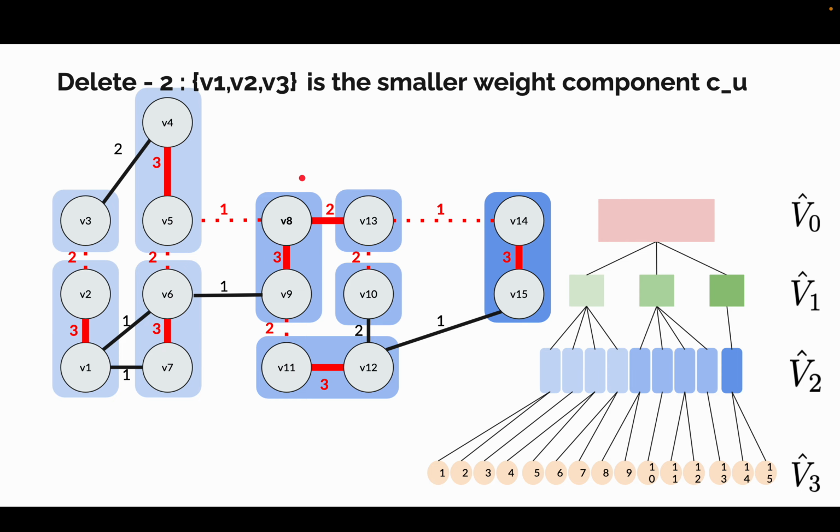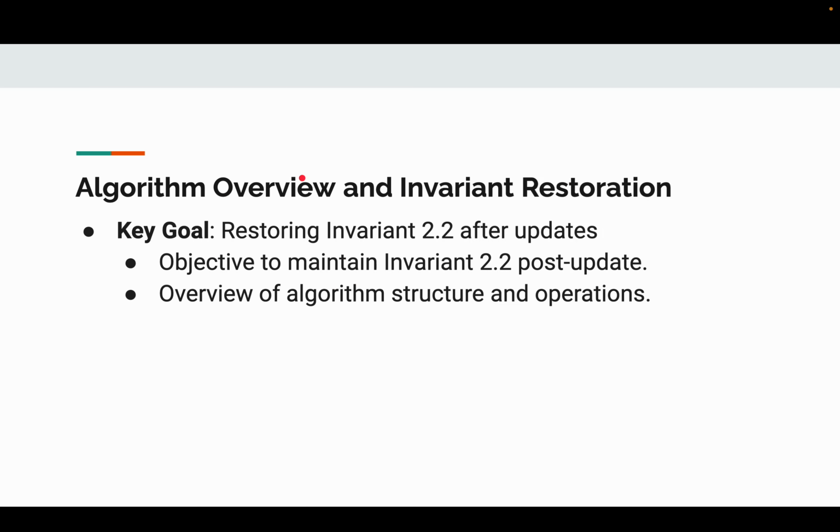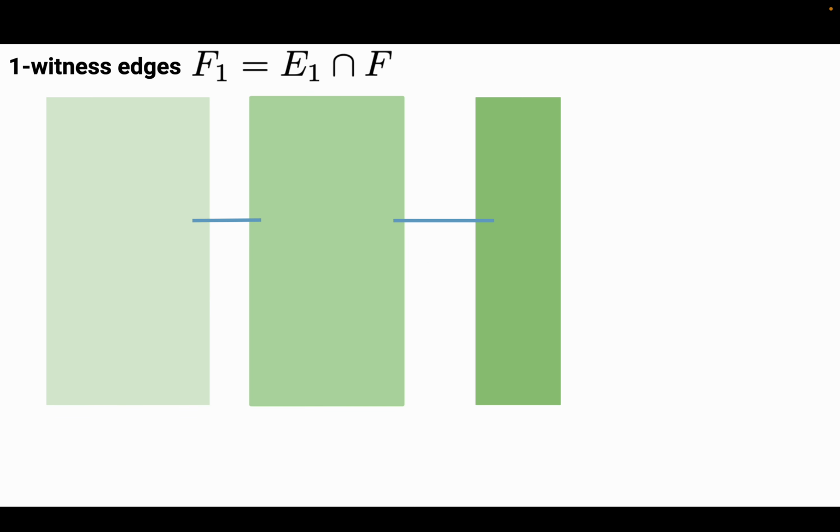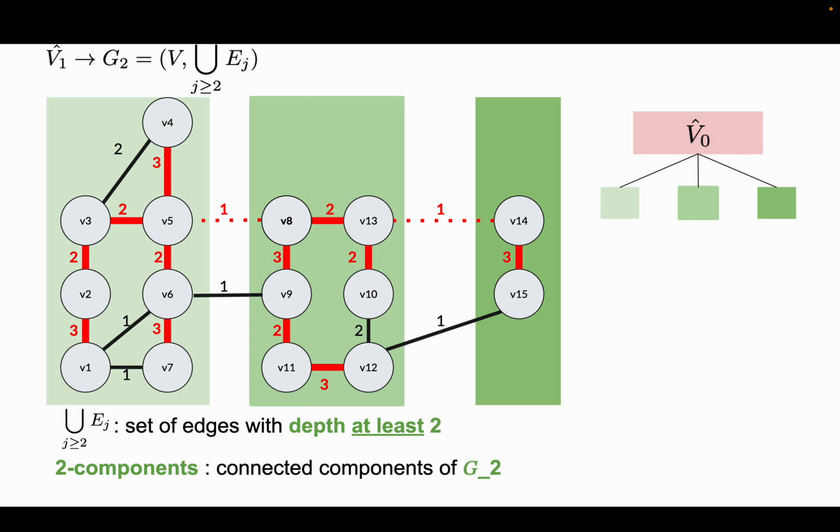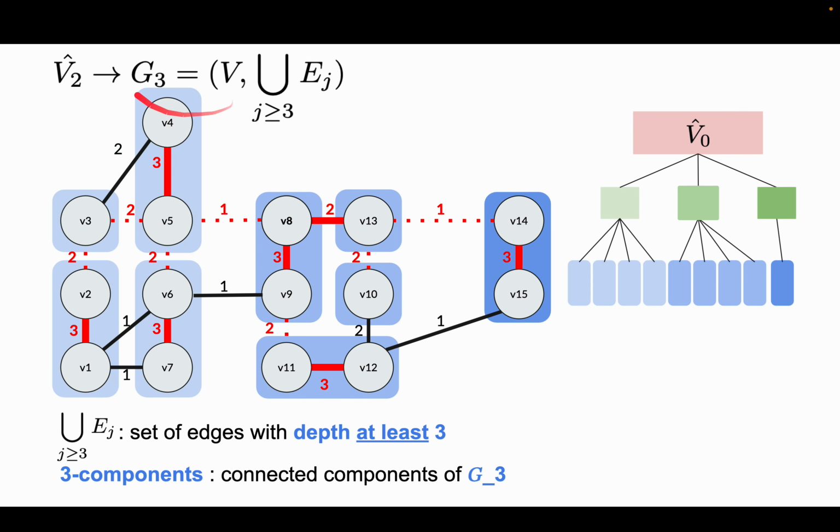Because V2 hat, as we know, what is V2 hat? V2 hat is the connected component of G3. G3 is all the edges with depth at least 3, right? So if we remove V4, V5, then V4 and V5 are not connected by any edges. So they are not in the connected components as they are not connected. All right.